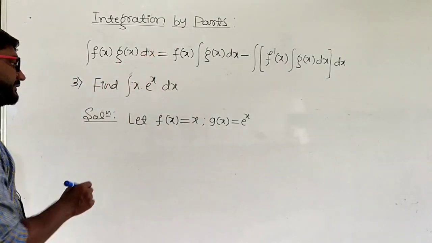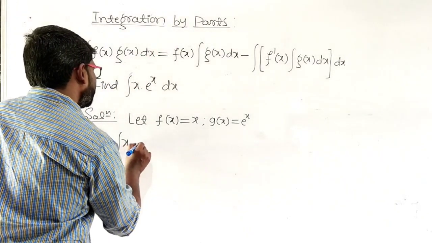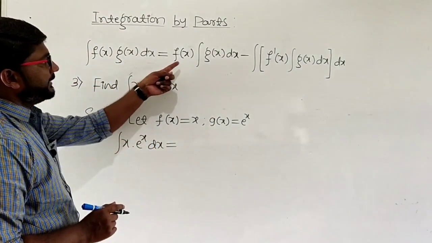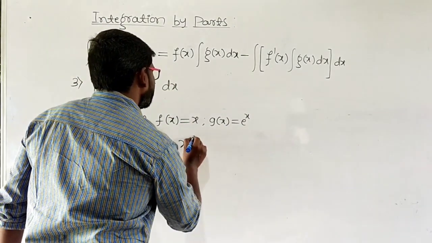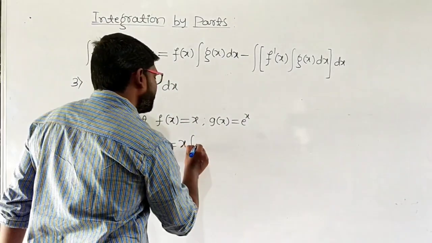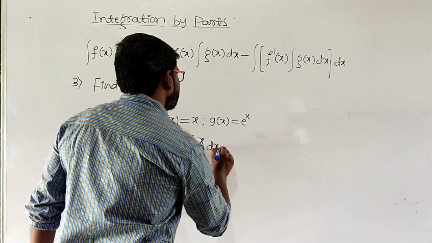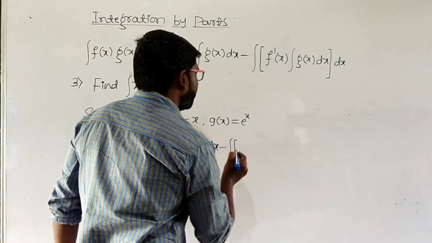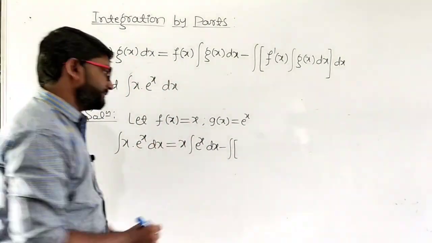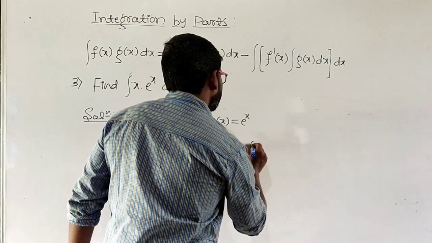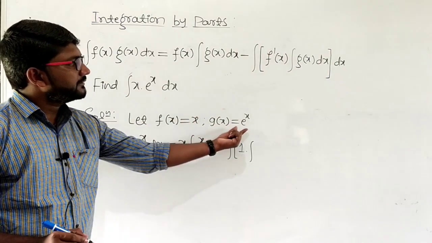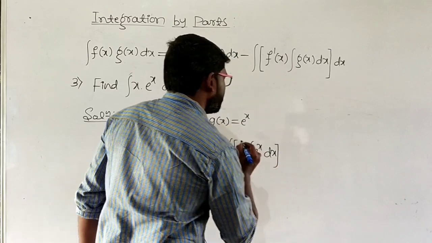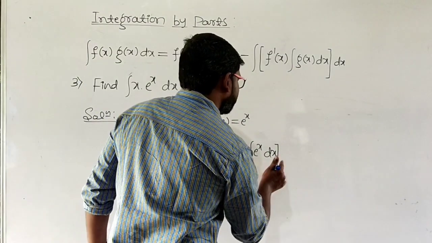So let us consider the integral x into e power x dx, which equals f of x, that is x, into the integral of the second function, e power x dx, minus the integral, in a square bracket, of the derivative of the first function, which is 1, into the integral of the second function, e power x dx, close the bracket and write one more main dx at the end.